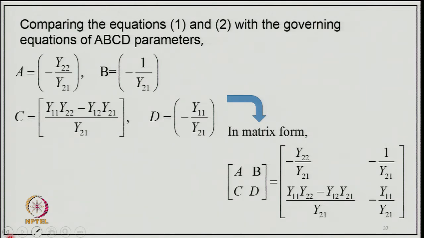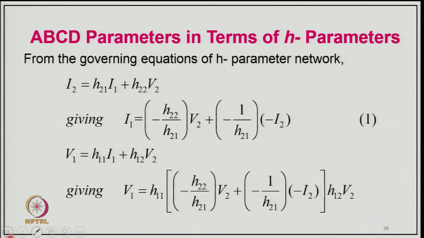In matrix form, the transmission line parameters in terms of admittance parameters are: A B C D equal to minus Y22/Y21, minus 1/Y21, (Y11 Y22 minus Y12 Y21)/Y21, minus Y11/Y21.